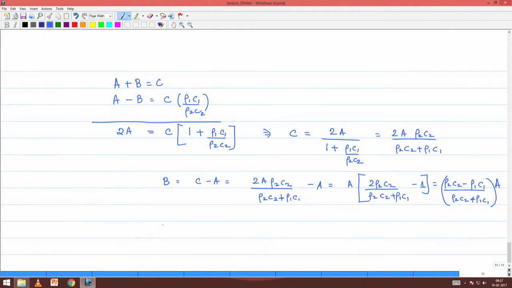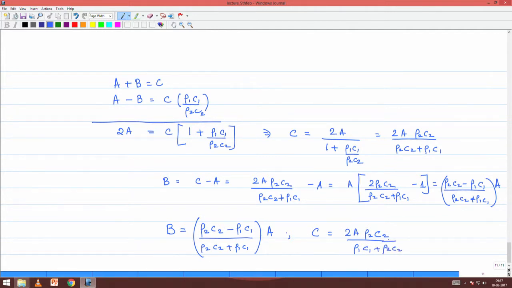So, the moral of the story is the reflected wave amplitude is rho 2 c 2 minus rho 1 c 1 divided by rho 2 c 2 plus rho 1 c 1 into A, and C, the transmitted wave amplitude, is 2A times rho 2 c 2 divided by rho 1 c 1 plus rho 2 c 2.